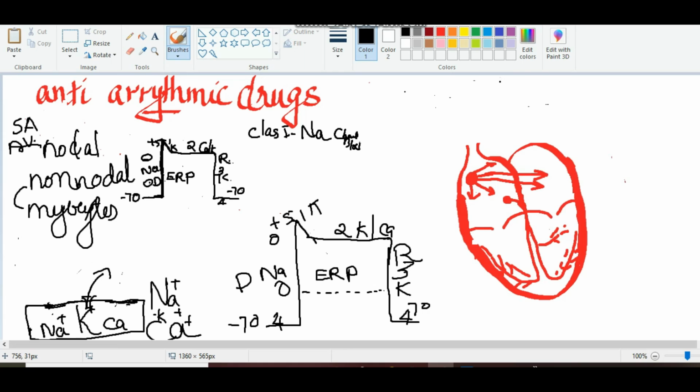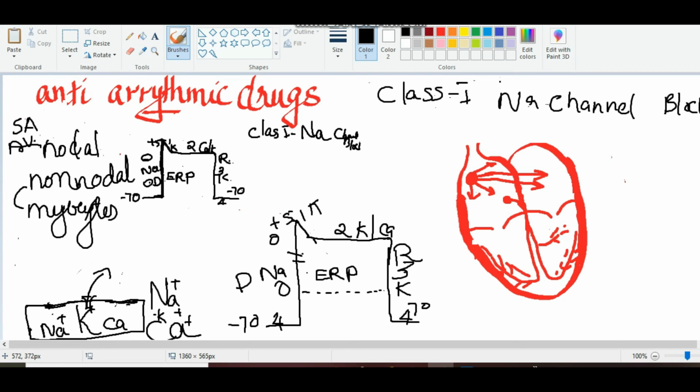The first antiarrhythmic drugs are class 1. They are called sodium channel blockers, and they work in the sodium channel here. How does it happen?